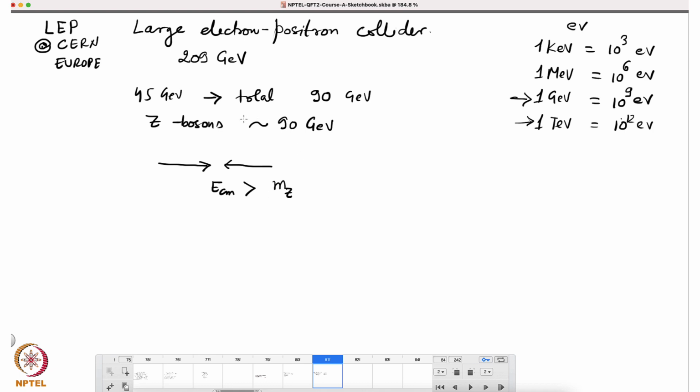Okay. And that is why initially the electron positron collider, the LEP, had energy around 90 GeV. Okay, it started with 90 GeV. Also, these facilities are quite big. This one was in a tunnel which was 27 kilometers in circumference.